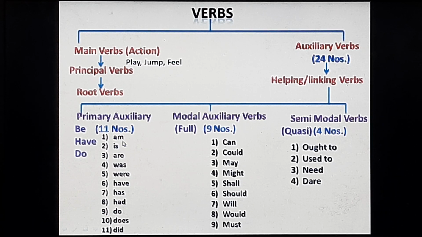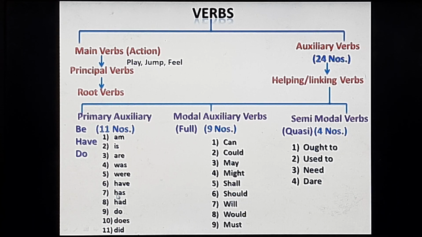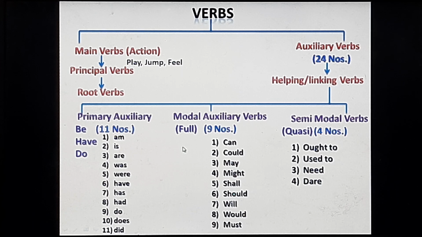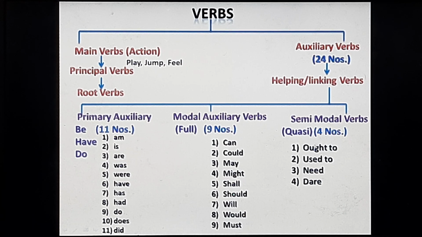The be verbs are am, is, are, was, were. Have verbs: have, has, had, and the do verbs: do, does, did. The full modals are can, could, may, might, shall, should, will, would, and must. The semi modals: ought to, used to, need, and dare.